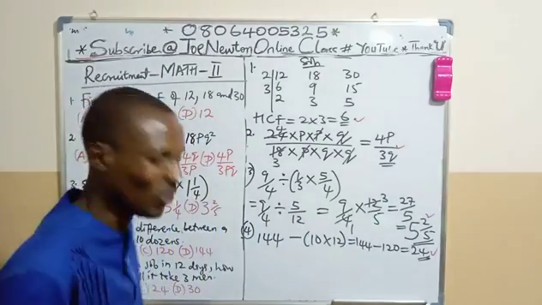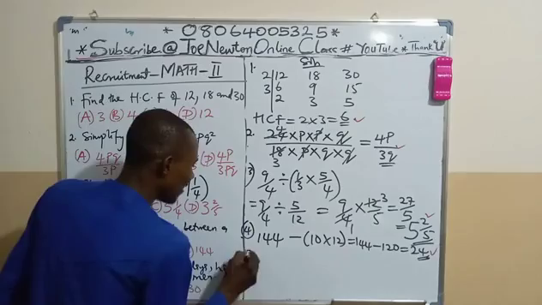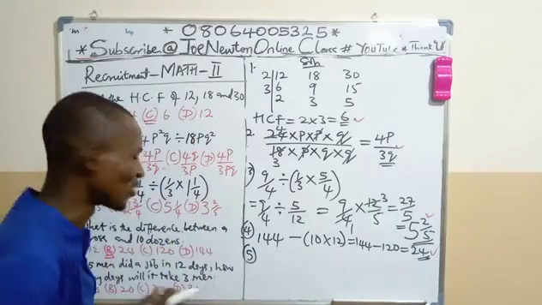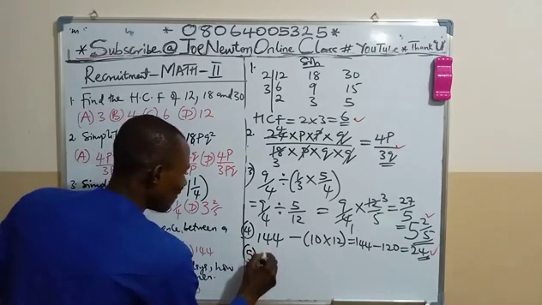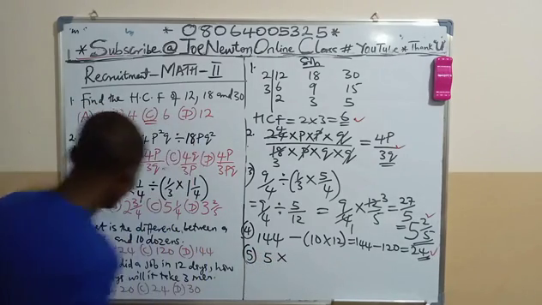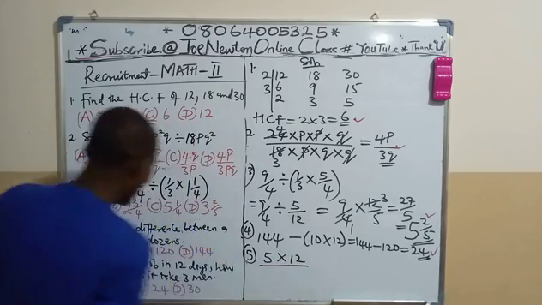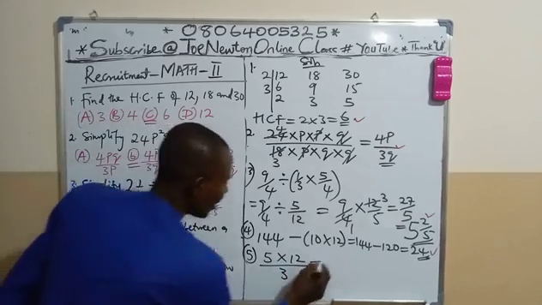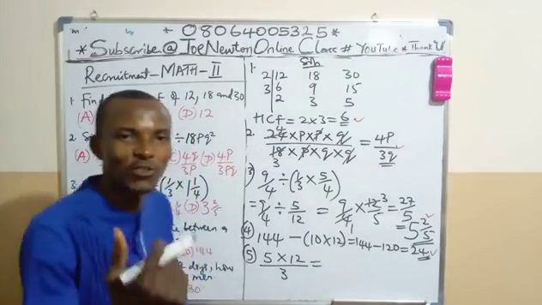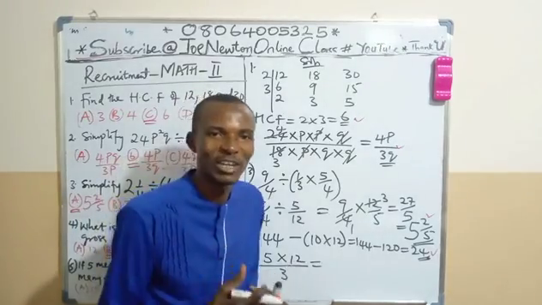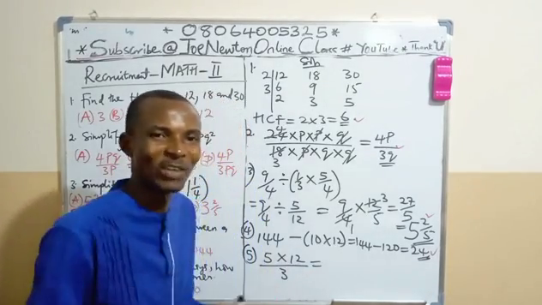So how do we operate this quickly? Number 5, see the simple way of solving this. What you need to do is 5 men times 12 days, divided by 3. Remember I told you these tips in solving objective questions in examination condition like this without wasting time.